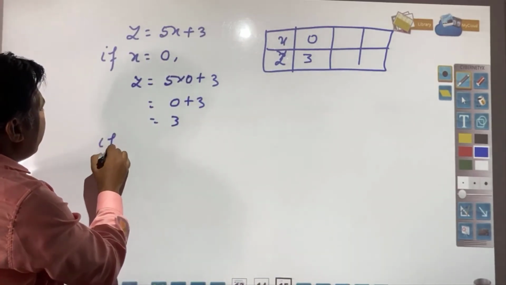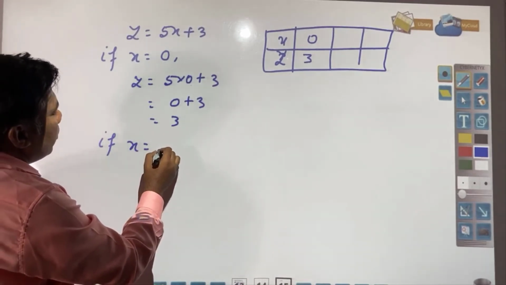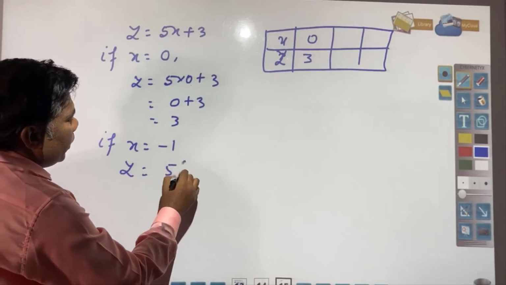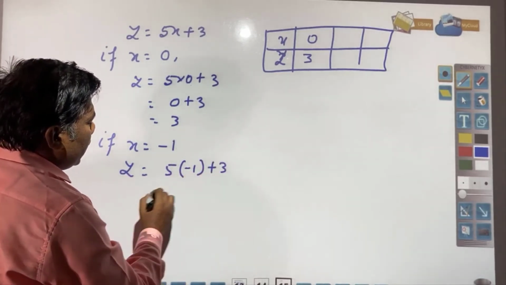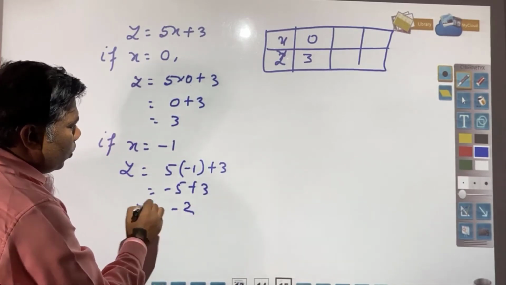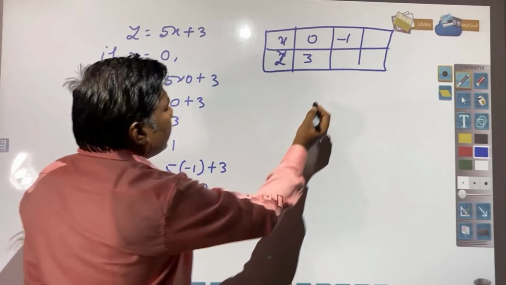Then if x is equal to, suppose, minus 1, in this case y will be 5 into minus 1 plus 3, it means minus 5 plus 3, and it will be minus 2. When x is equal to minus 1, y will be minus 2.